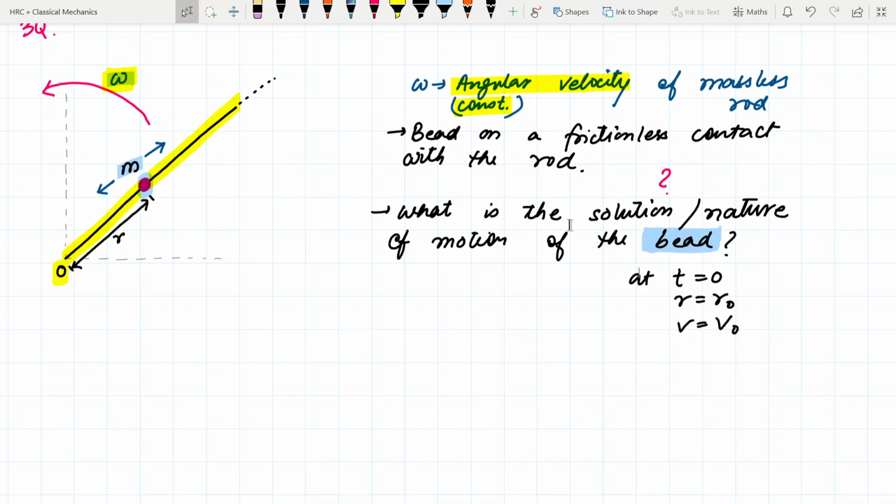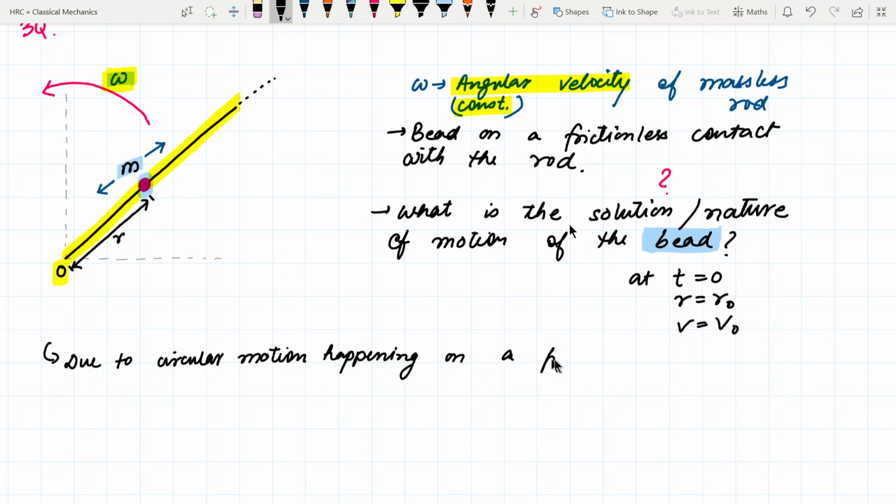Yes, polar we can take, because the rotation is happening in only one plane, the x-y plane. It is not rotation in 3D space, it is only in a 2D plane. So it is best to look at Newton's equations in polar coordinates, due to circular motion happening on a plane. It's best to analyze Newton's laws in polar coordinates.